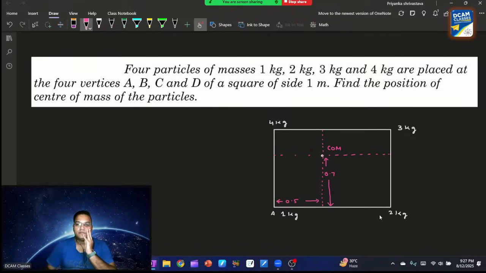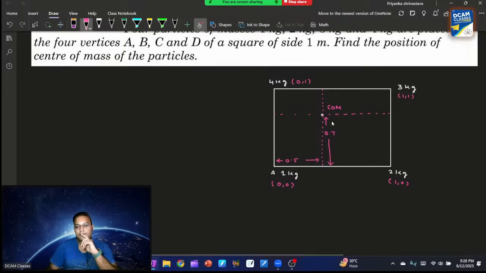Then the 1 kg mass will be at 0, 0, the 2 kg at 1, 0 since the length is 1 meter, the 3 kg at 1, 1, and the 4 kg at 0, 1. So now we could calculate the center of mass easily.